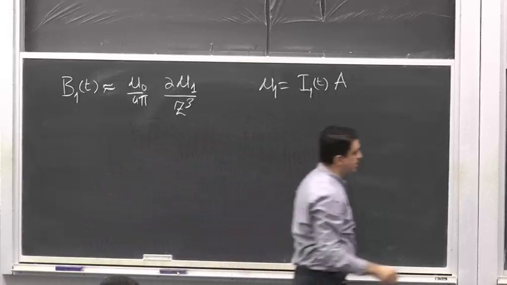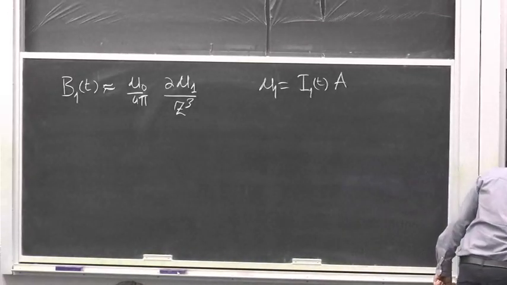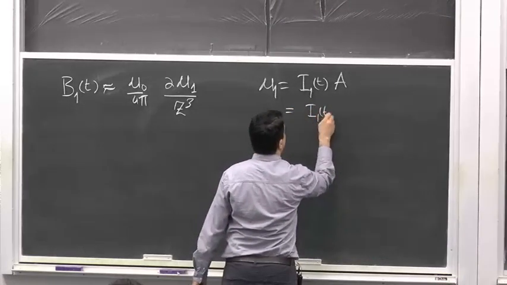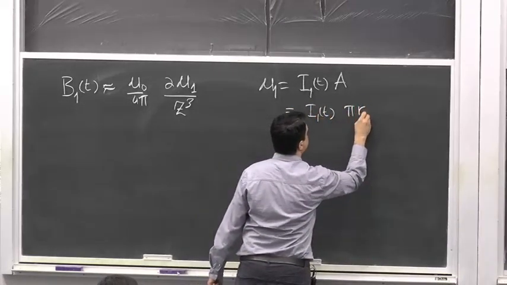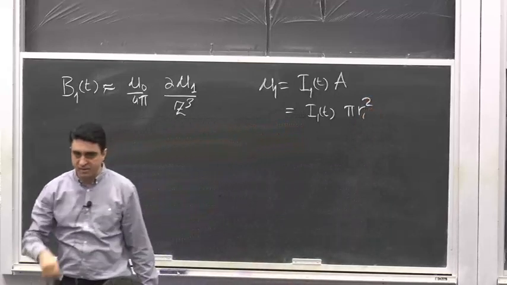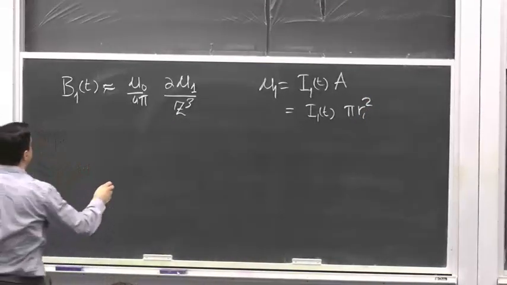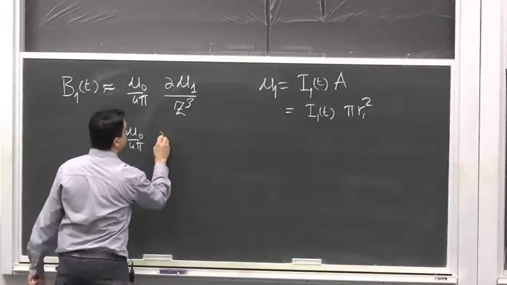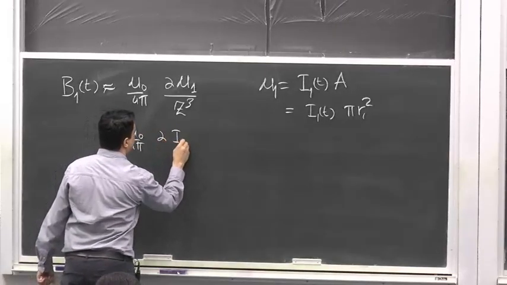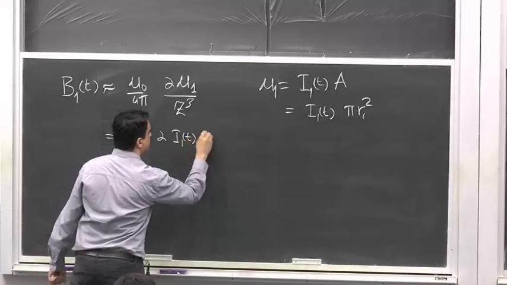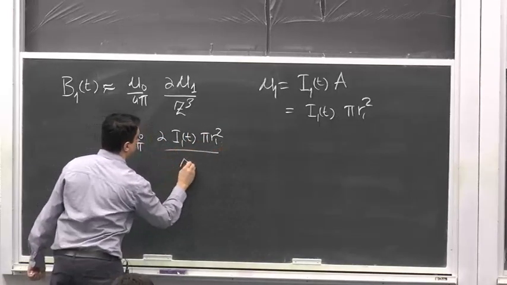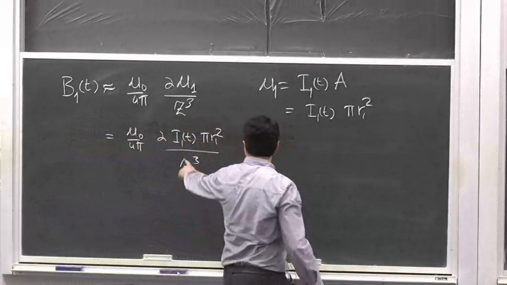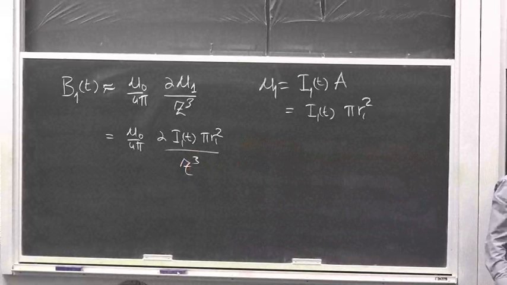Let's say the radius of this coil is r1. So that would be I1 of t multiplied by pi r1 squared. So you have this magnetic field given by mu0 by 4 pi times 2 I1 of t pi r1 squared divided by z cubed, where z is the distance between the two coils. This would be the magnetic field magnitude at this location.